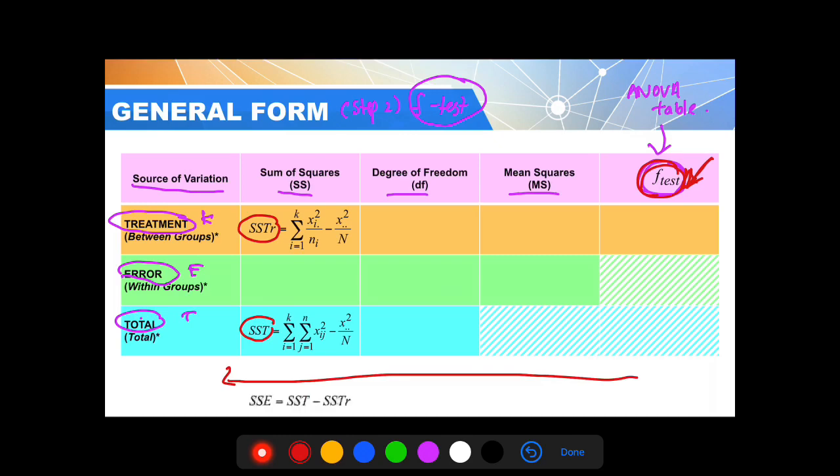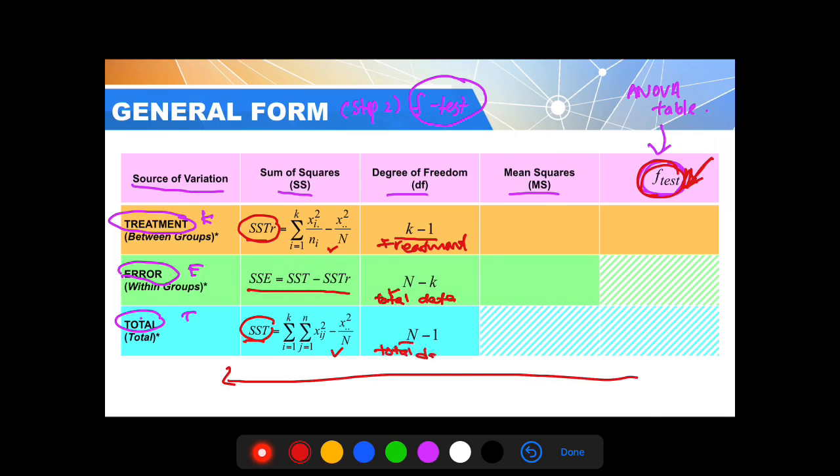SSE equals SST minus SSTR. So this value minus this value, you will get the SSE. Next, degree of freedom. This is the formula: K minus 1, where K is your treatment, and N minus K, where N is your total data.